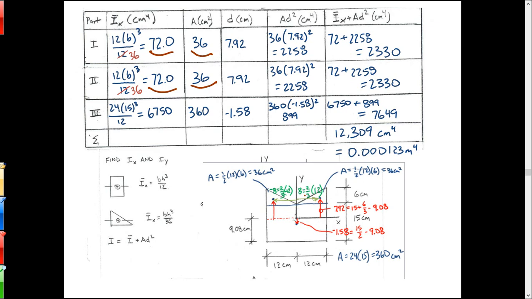The area of both triangles, I should have said, is 36. The offset distance that I calculated is 7.92. So I take 36 times 7.92, I get 2258. Add 72 to that, and I get 2330. So that's the moment of inertia of each of those triangles about the x-axis.